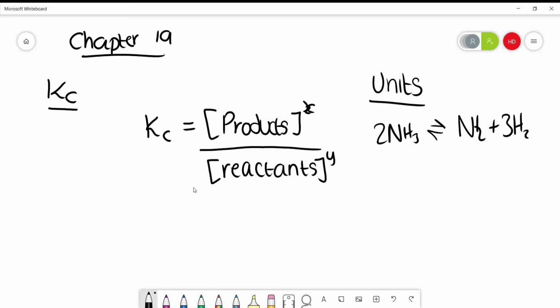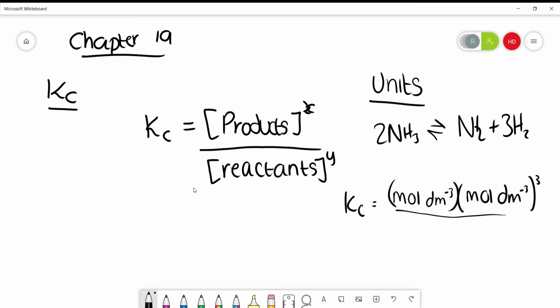Let's say you represent the equilibrium again as we did before, and we did the Kc as before. What you can do is you can put the units on the top. So you can put all the units in there. So as you know, all the concentrations are moles per decimeter cubed.